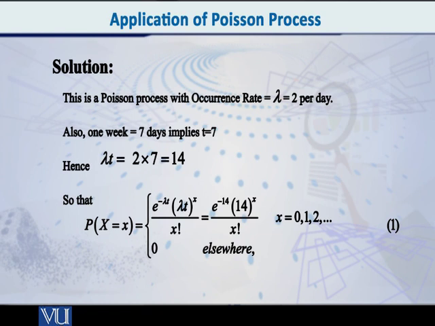So 2 into 7, 14 per week. So the parameter of the Poisson distribution that we are going to apply just now, it's equal to 14. The value of the parameter, we can say, is 14.